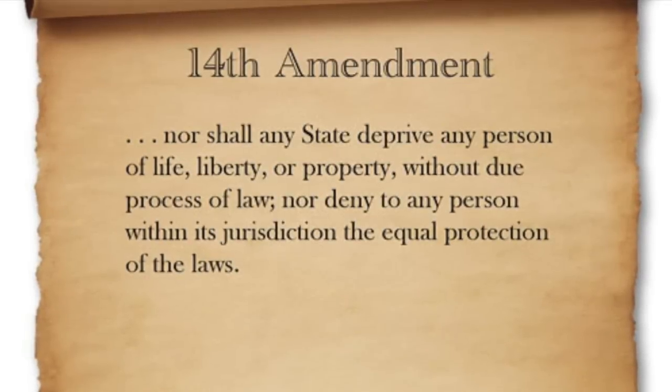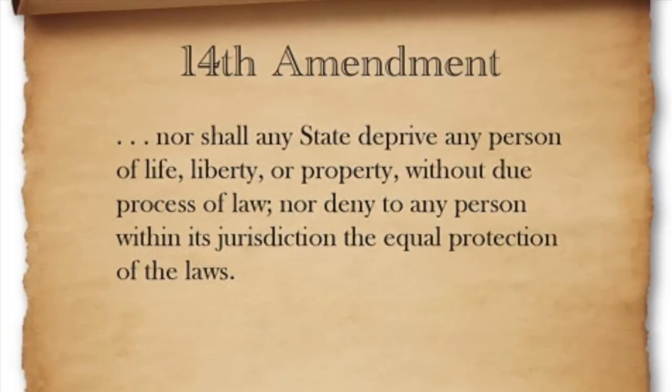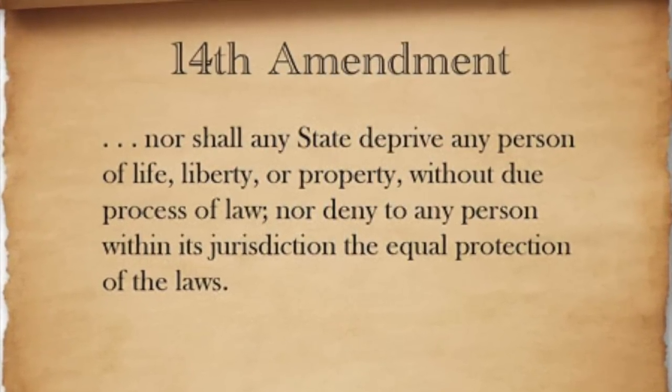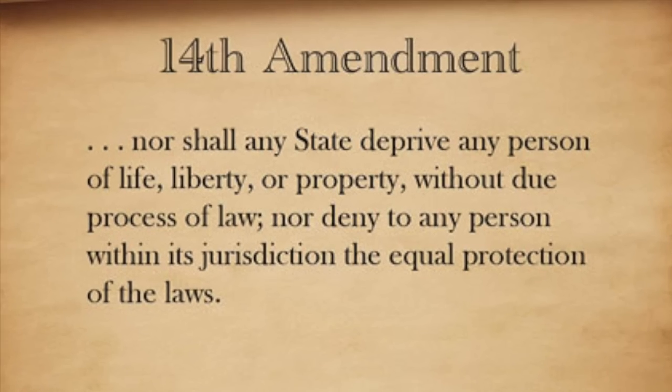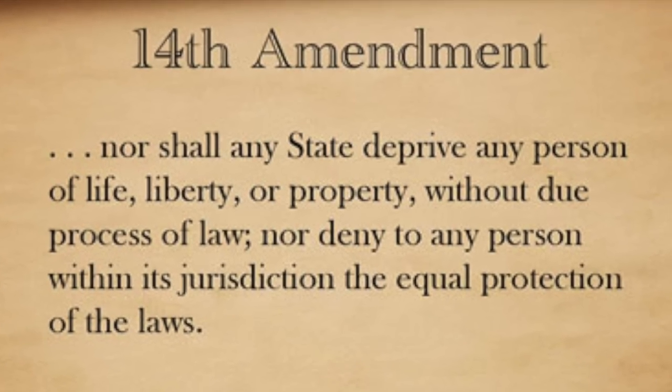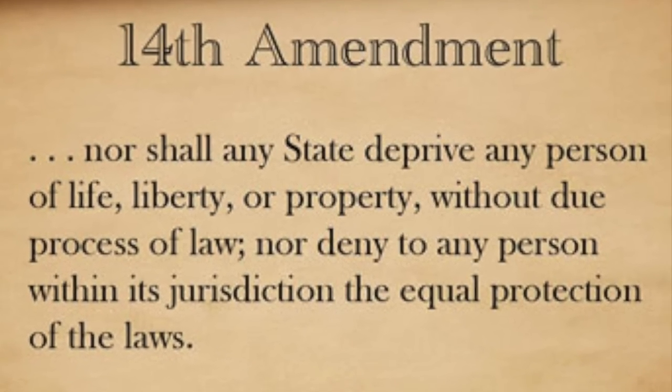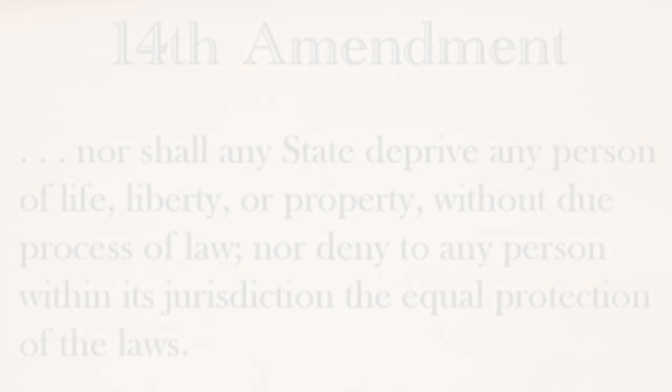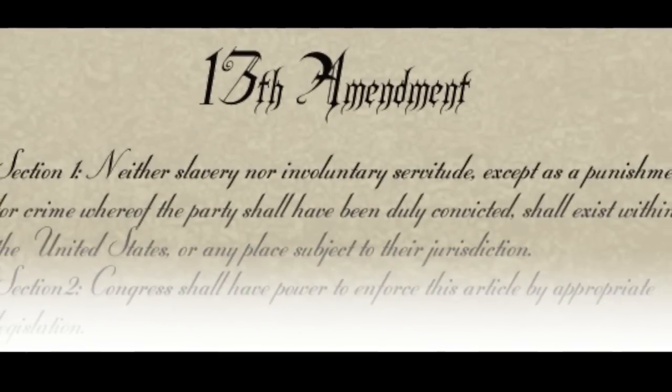The Radicals won and they passed the 14th Amendment, which stated that citizenship should be granted to all persons born or naturalized in the United States, basically addressing slaves and expanding their rights and protection to civil justice. In 1865, the 13th Amendment to abolish slavery was passed.